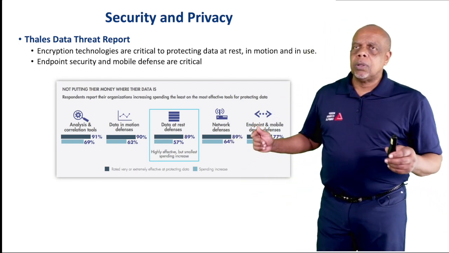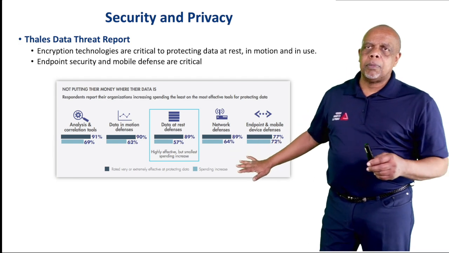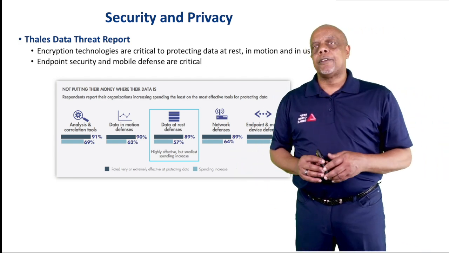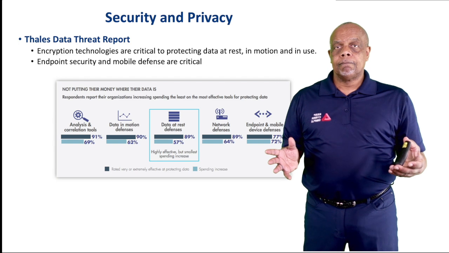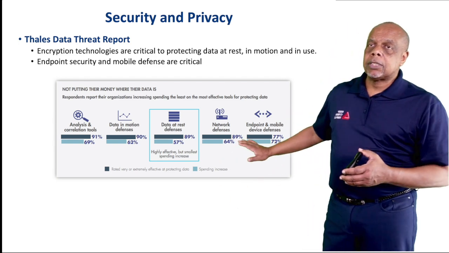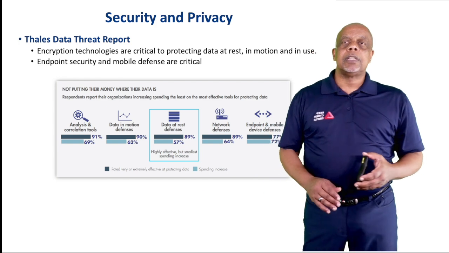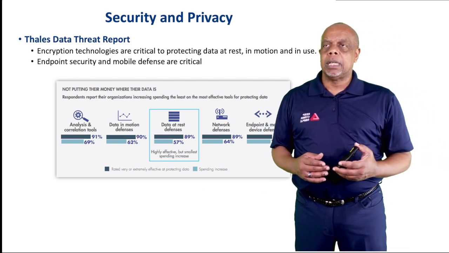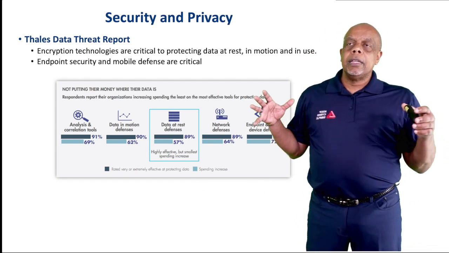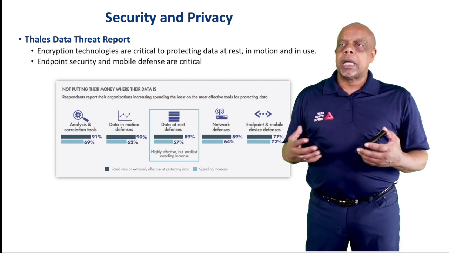Also, many times network defenses and endpoint mobile defenses don't really protect your data from insider threats, right? Because many times insider threats are already sitting behind the firewalls of your network defenses and of your endpoint and mobile device defenses. So, ensure that your data is encrypted at all these points.